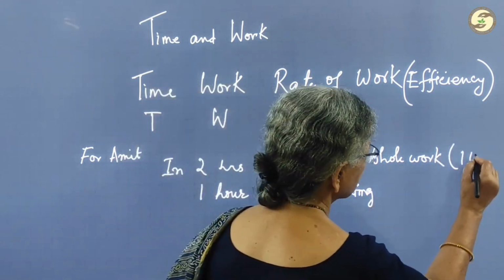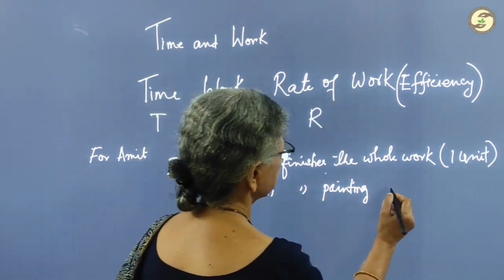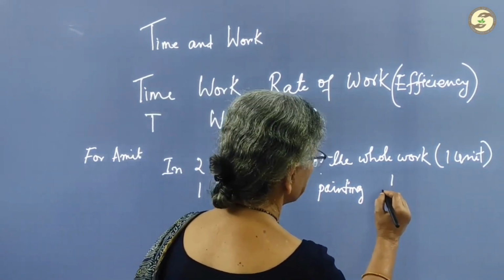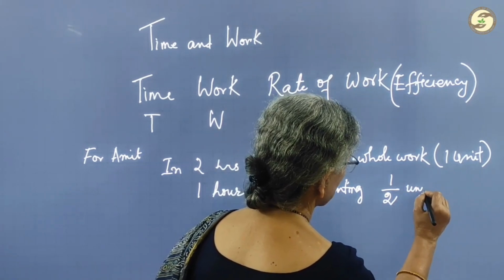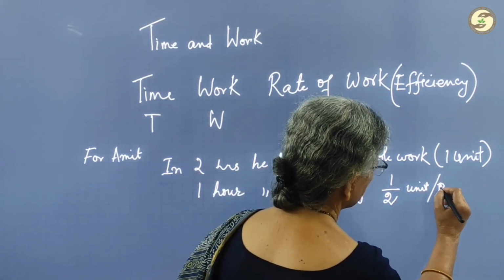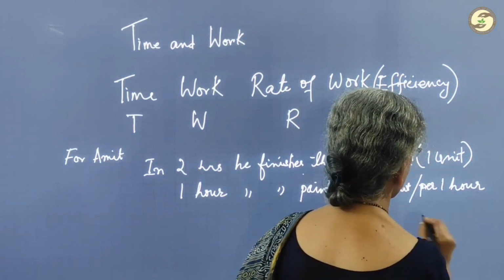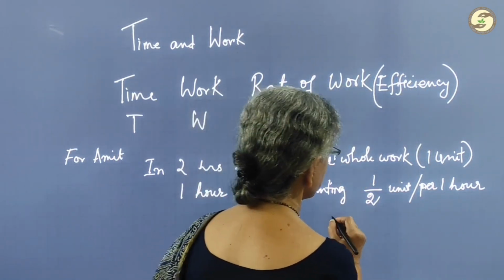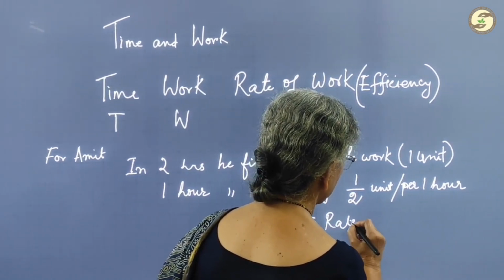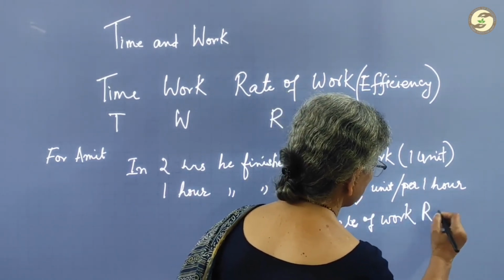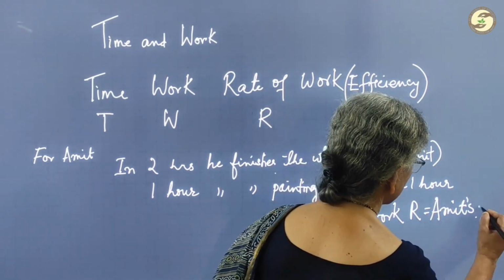If this is 1 unit, in 1 hour he finishes 1/2 unit of the work per 1 hour. And this is his rate of work, Amit's rate of work, which is also equal to Amit's efficiency.